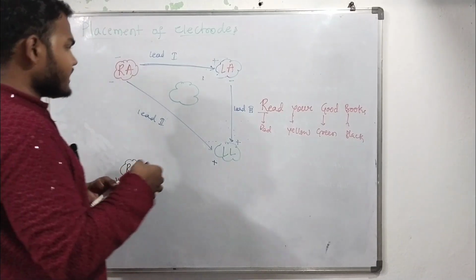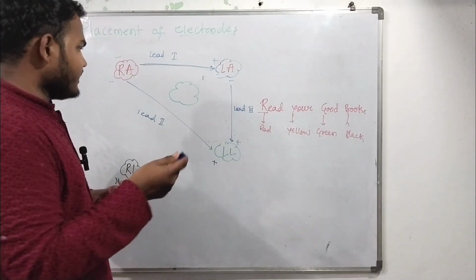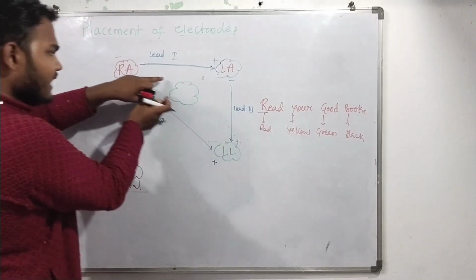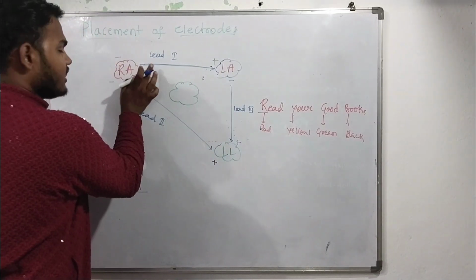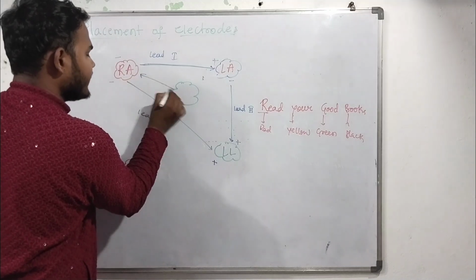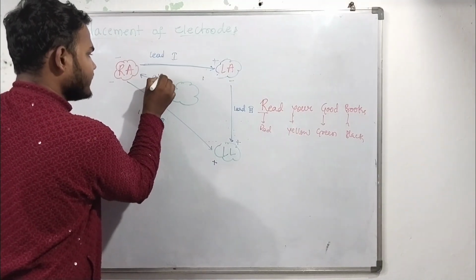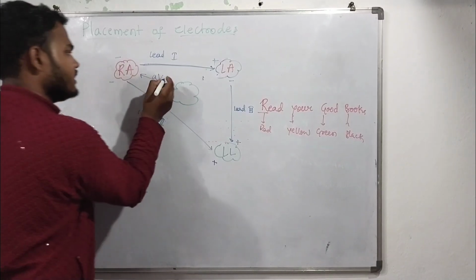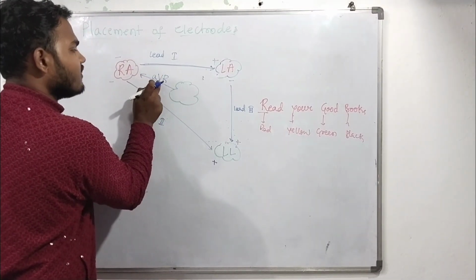It means the resultant current flows toward the right arm. It means the augmented vector is towards the right arm. It is R, augmented vector R.